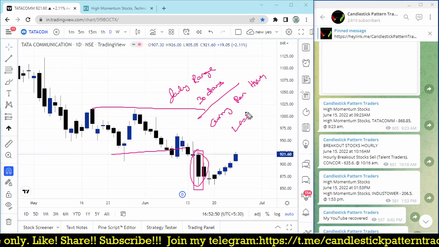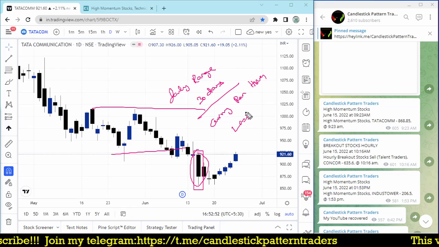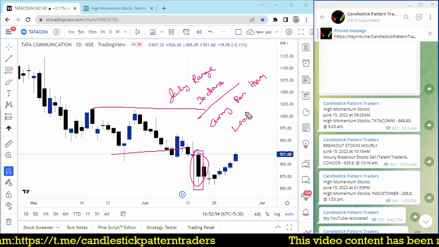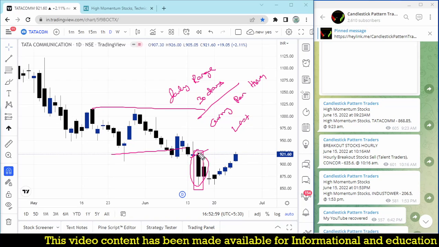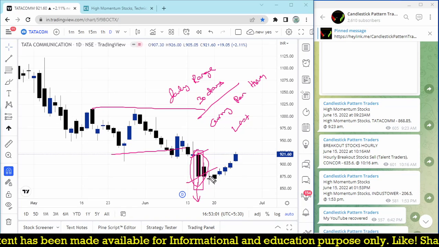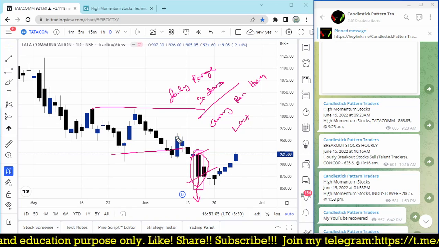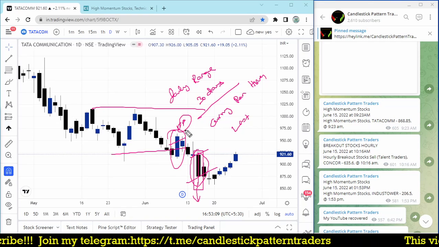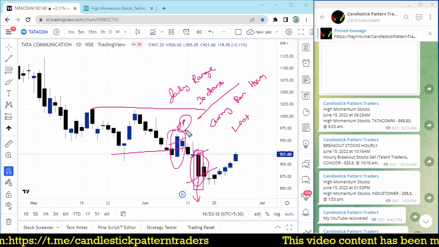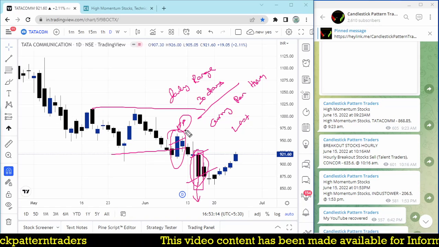Once it gives you some confirmation, there is a chance of the market moving as per the direction. Maybe this is a down day where it started and kept on moving down, and it gives you more points down. Sometimes the market opens and it gives you more points up also. So we have to find out what direction the market is going on the day.